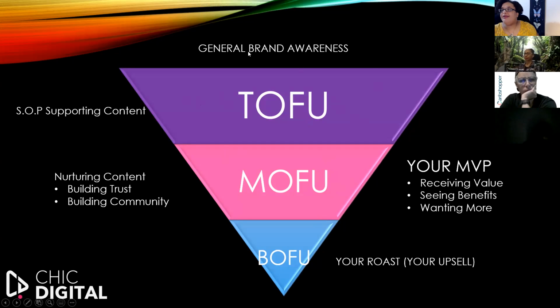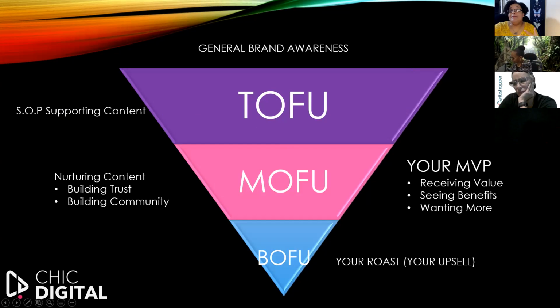So if general brand awareness is top of the funnel, you have to be able to create awareness to get anybody to fall into the funnel in the first place. At this point, you're supposed to be communicating your statement of purpose. So anything that's supporting content that is going to communicate what you do and why you're doing it is very helpful at this level.